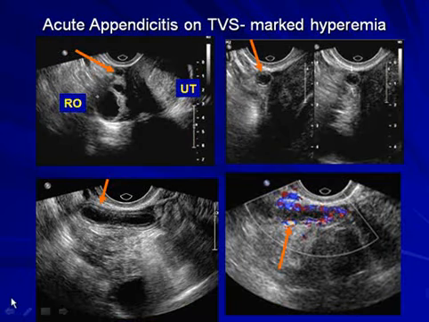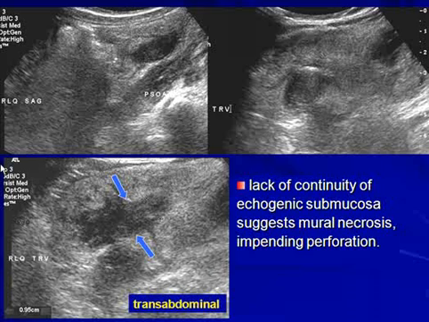Now, in this case, we have a slightly more severe acute appendicitis, and here we see it on transvaginal sonography. Notice that the hyperemia is more severe, and look how close this appendix is located to the right ovary. So here is the right ovary, here's the appendix, and there is the uterus.